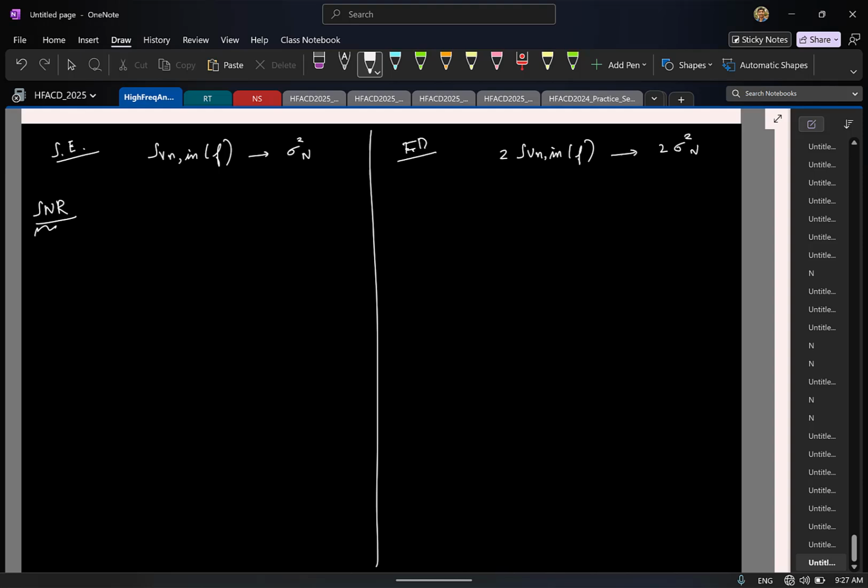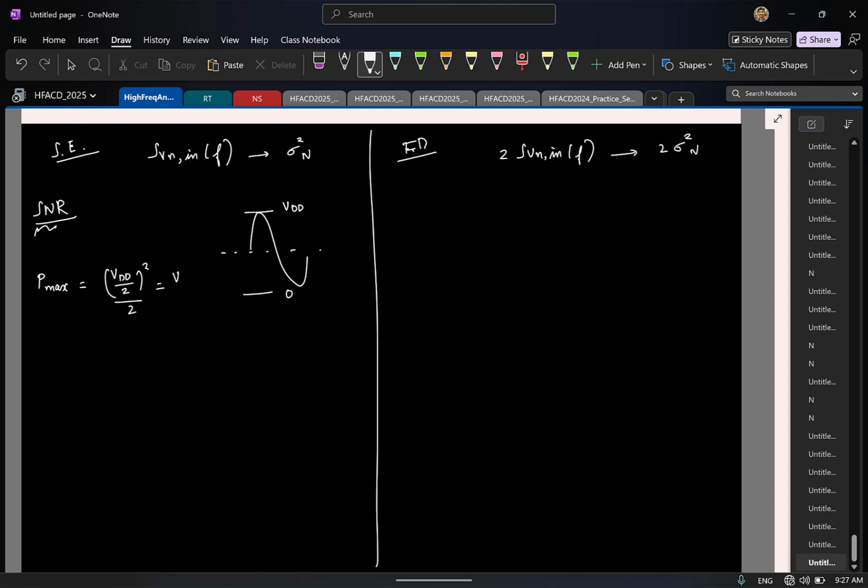So in a single-ended case, let us say the supply is from 0 to VDD. What is the maximum sinusoid you can apply here? Amplitude VDD by 2, the signal has to be centered around this. Amplitude is VDD by 2. So what is the maximum signal power you can have in the system? (VDD by 2) whole square by 2, correct?